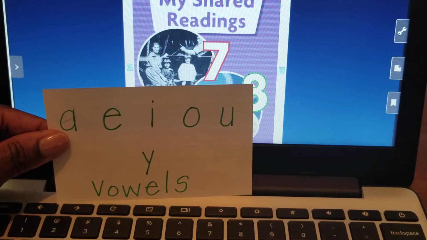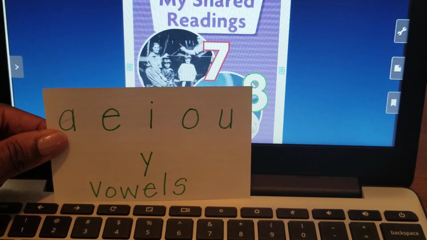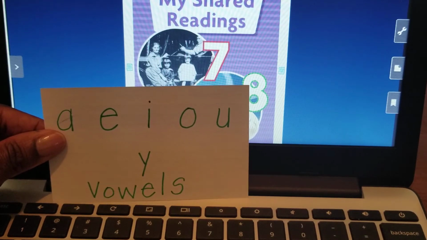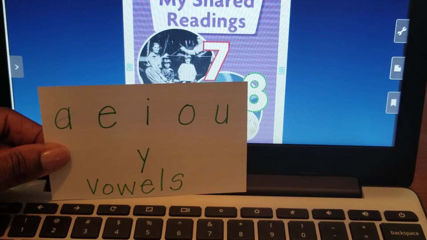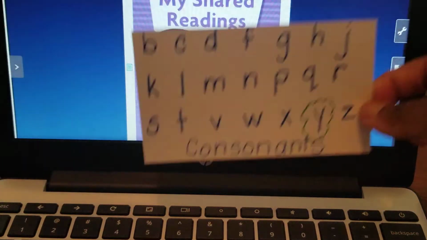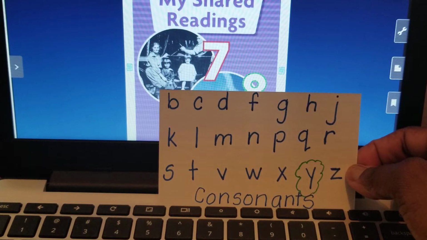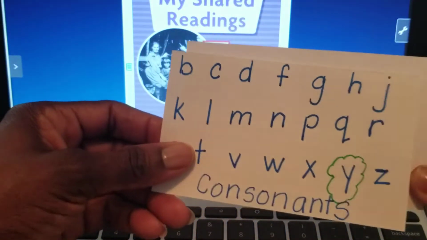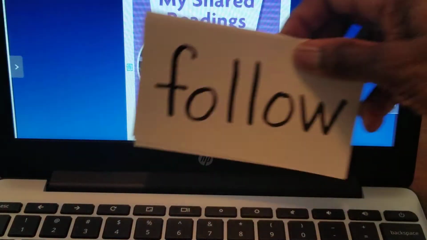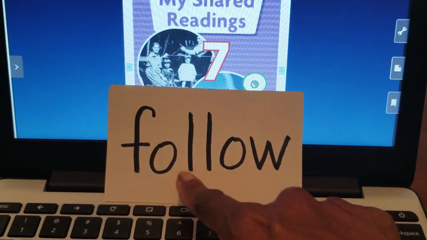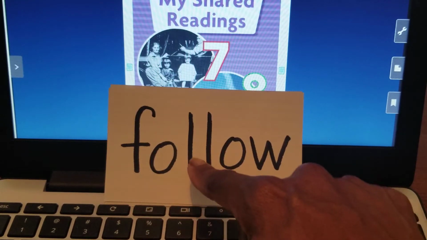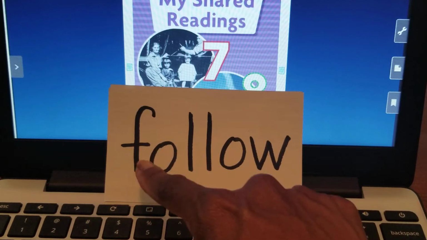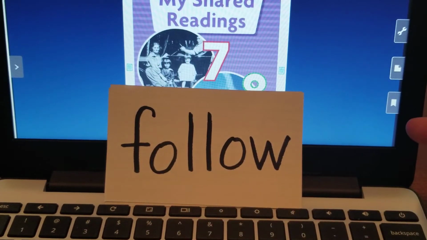So sometimes you'll hear people say, oh, the vowels are A, E, I, O, U, and sometimes Y, because Y can be a vowel sometimes. It's usually just a consonant. So since L is a consonant, when I'm looking at longer words and I see two consonants together, I know that I can divide that word in the middle of those consonants and figure out that this word is going to have two syllables.